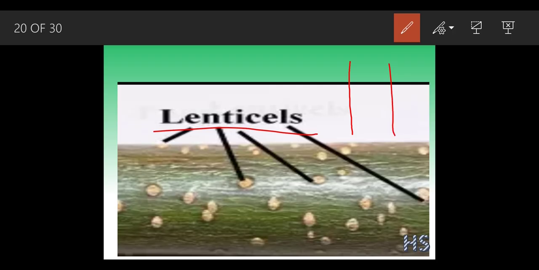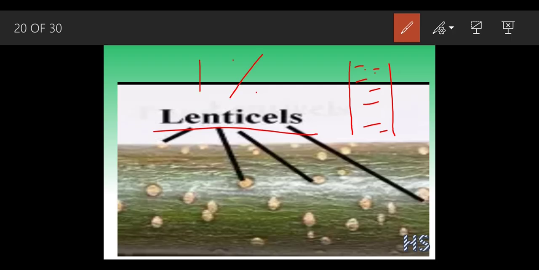This is a stem and there are some minute cut-like openings you can see. These openings present on the stem also lose water, but lenticels lose a maximum of only 1% of the water.